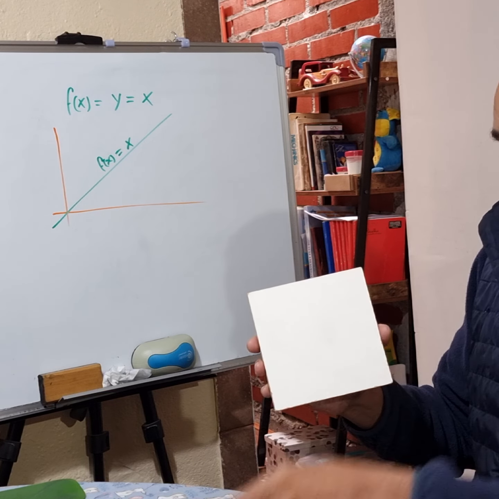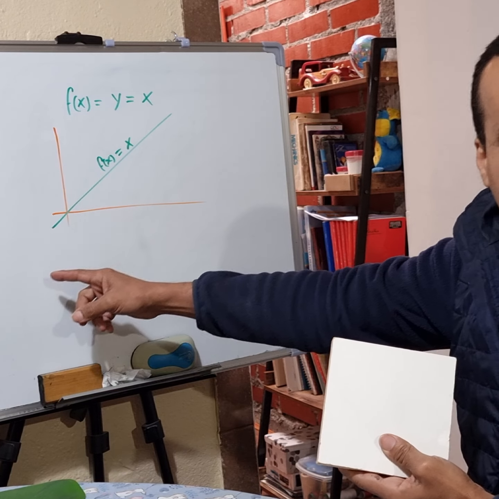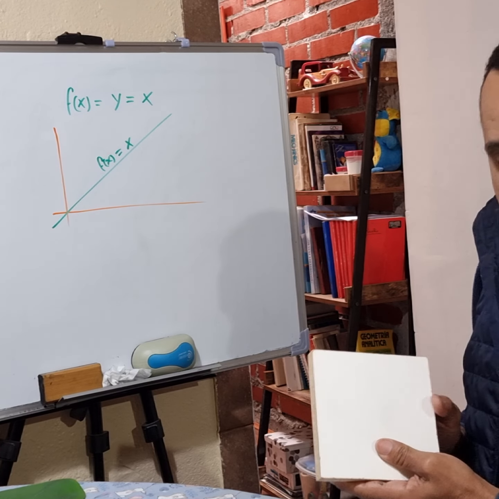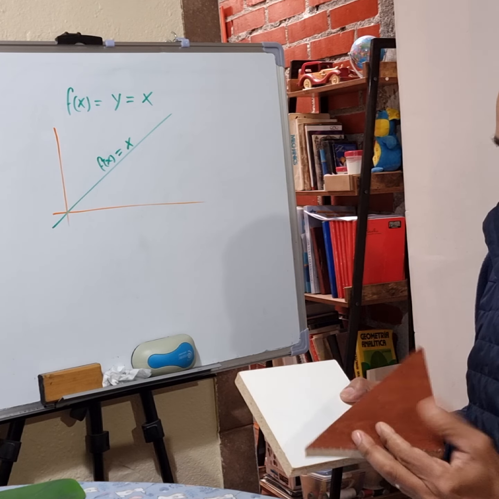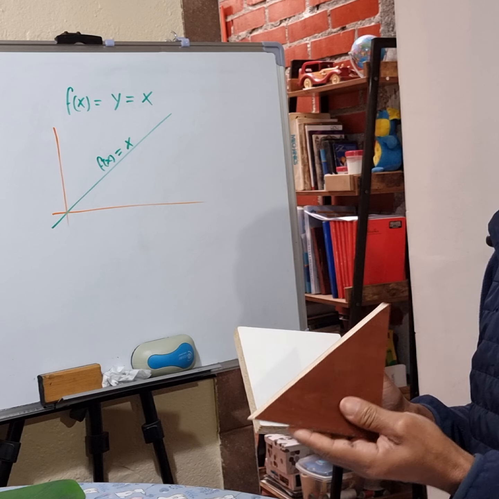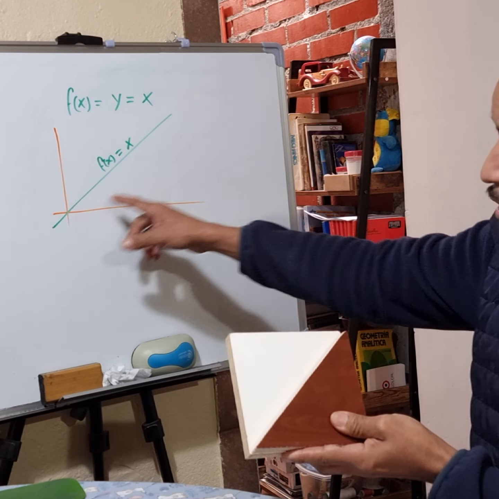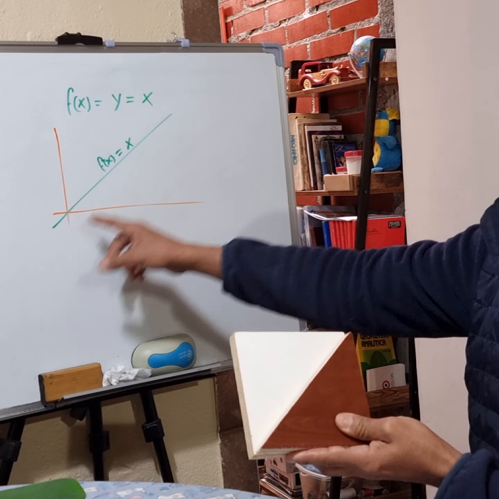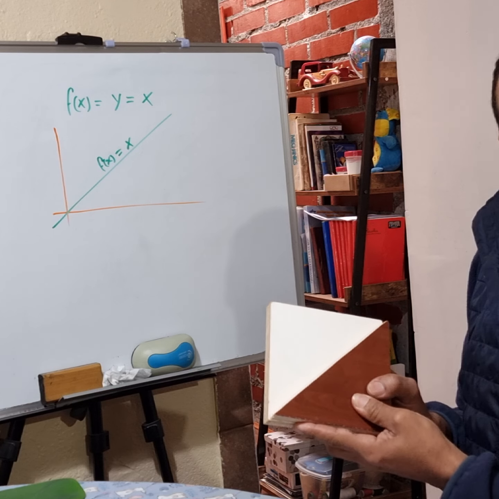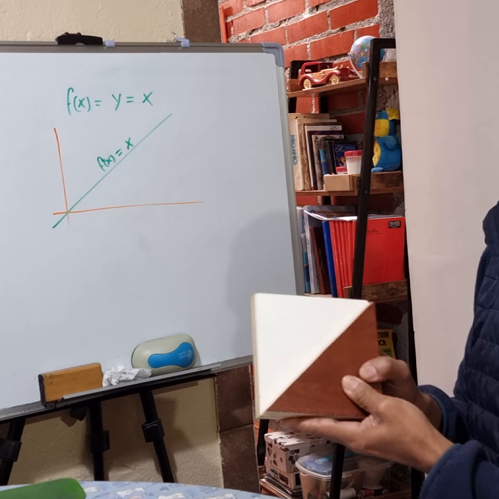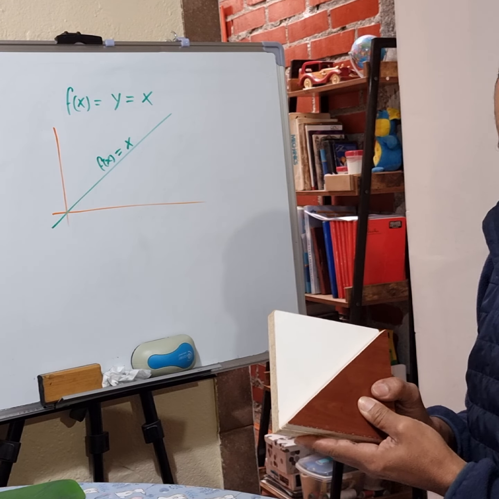Then, in order to know what is the symmetry of the identity function, we are going to be helped by another figure, which is a triangle. This triangle has the same slope as this straight line, and we are going to study the symmetry of this triangle, which is the same straight line of the identity function.